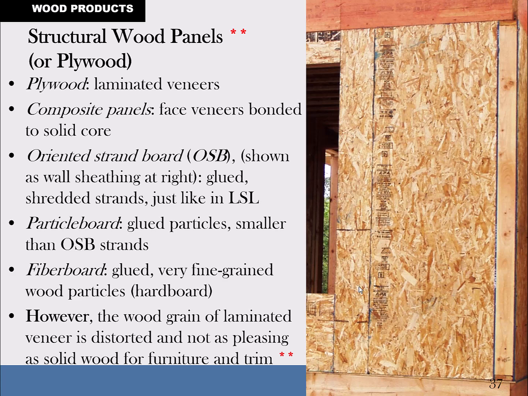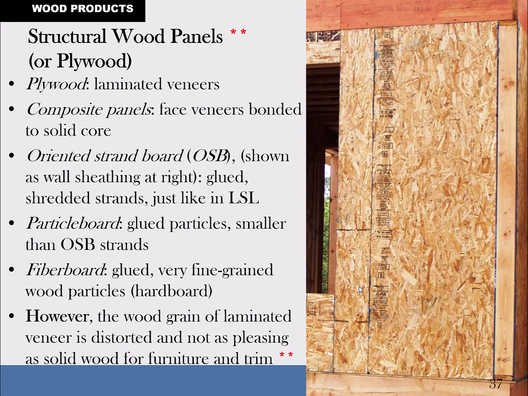Then there's another board called fiberboard, where you've got fine-grade wood particles, much finer than even sawdust, all glued together, and it tends to be mostly in quarter-inch thicknesses, maybe 1/8-inch thicknesses, and that sort of thing, as subfloors over top of other subfloors.